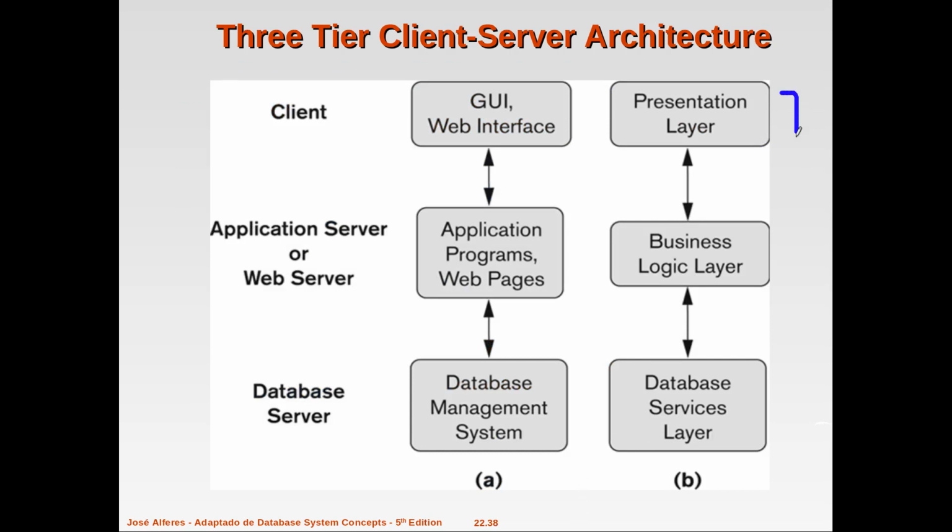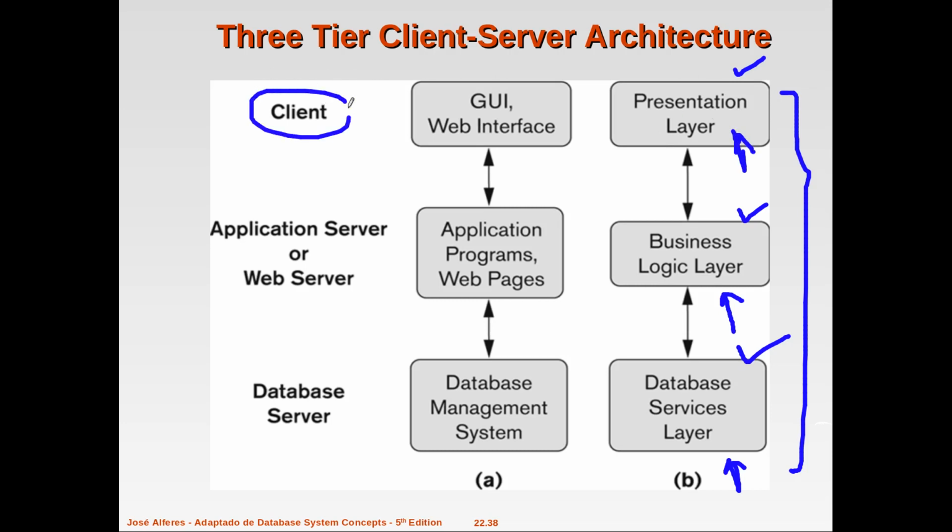In network terms, we can see the three layers: the presentation layer, the business logic layer, and the database service layer. This is the internal database server part. This is the middle tier, where we use business logic for the application, and the presentation layer is the place where we use our front-end forms.